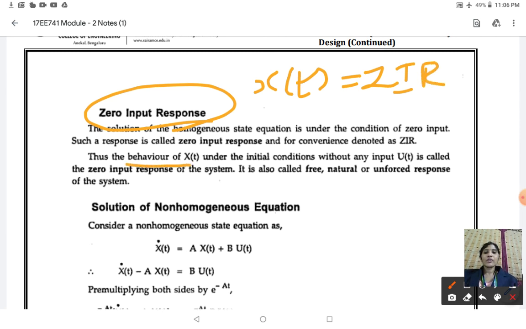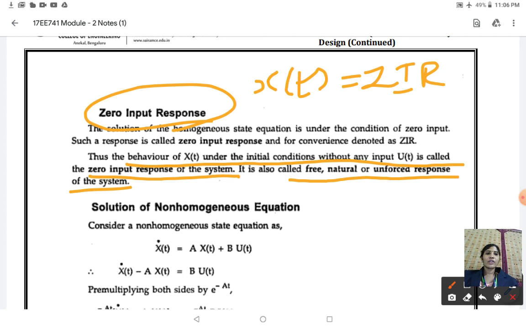Thus the behavior of x of t under initial condition without any input u of t is called as a zero input response of the system, and the solution obtained by using homogeneous equation is also called as free, natural or unforced response of the system. In the next class, we will obtain the solution of a non-homogeneous equation.